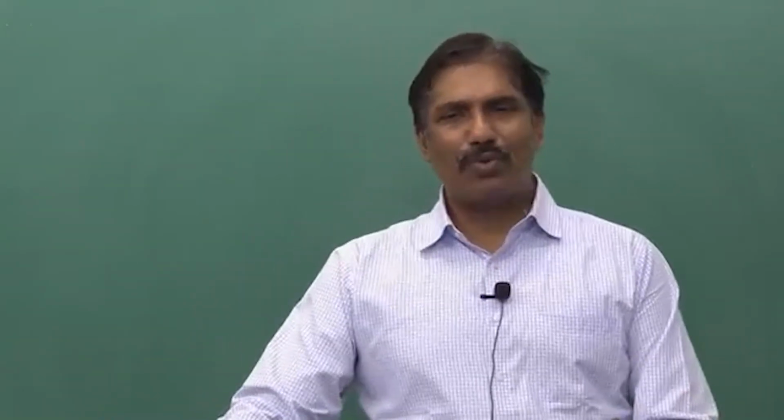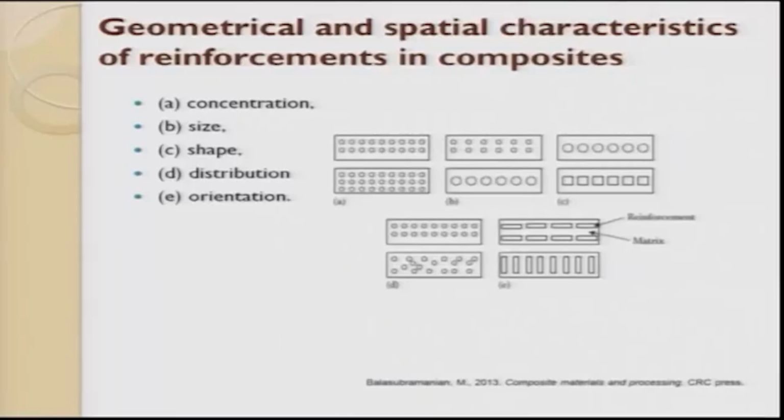The last one is the orientation. You can see the orientation of fiber in two different directions, and different orientations give different properties. Let us assume the horizontal line is 0 degrees and the vertical lines refer to 90 degrees.